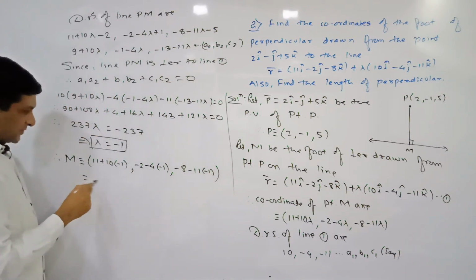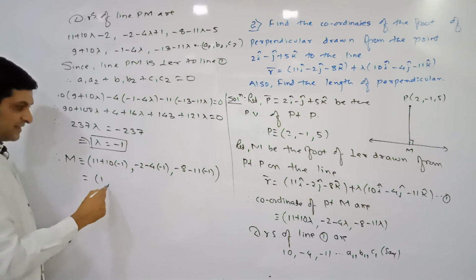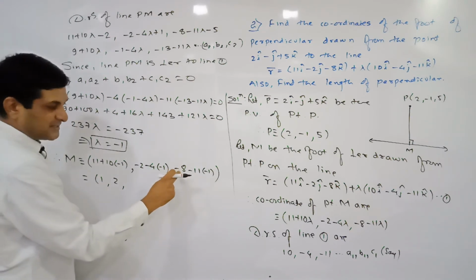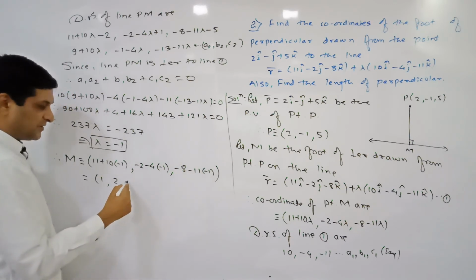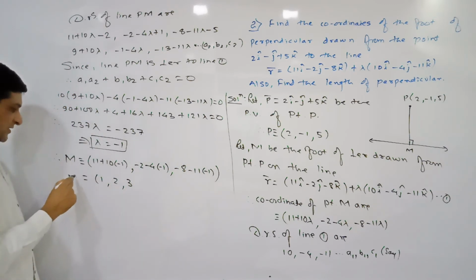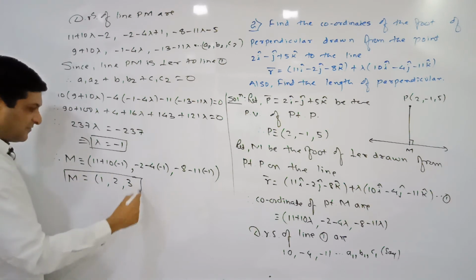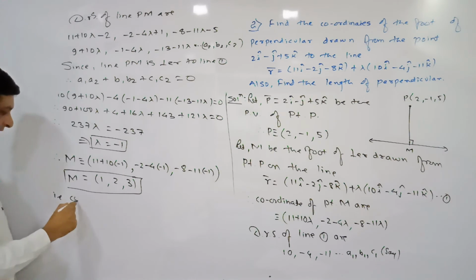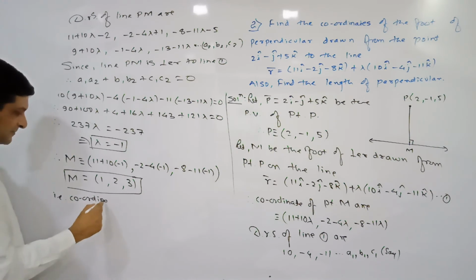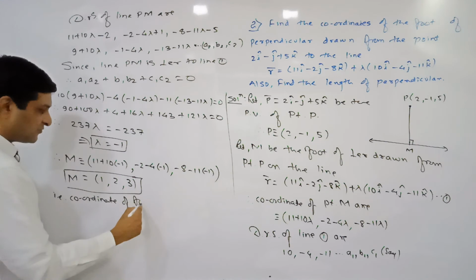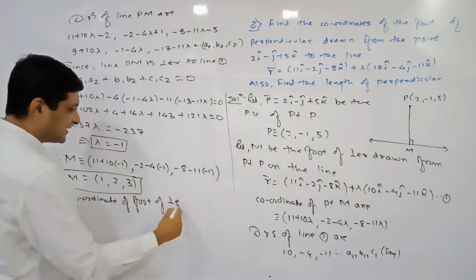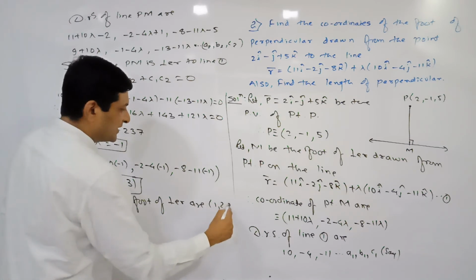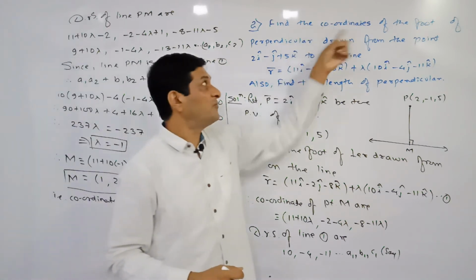Which is equal to 11 minus 10 is 1 here, minus 2 plus 4 will be 2, and here minus 8 plus 11 will be equal to 3. So in this way we have got the coordinates of point M, where M is nothing but the foot of perpendicular. So the coordinates of the foot of perpendicular are 1, 2, 3.